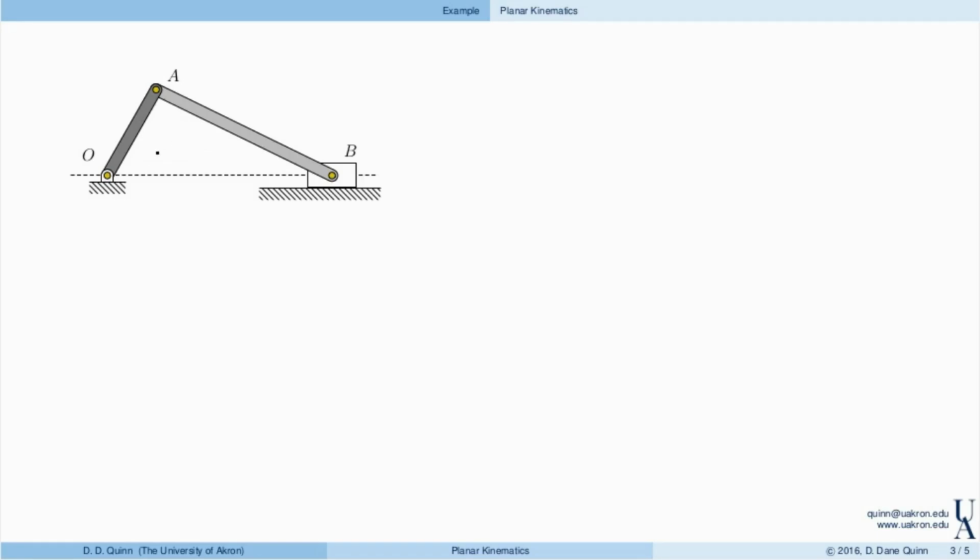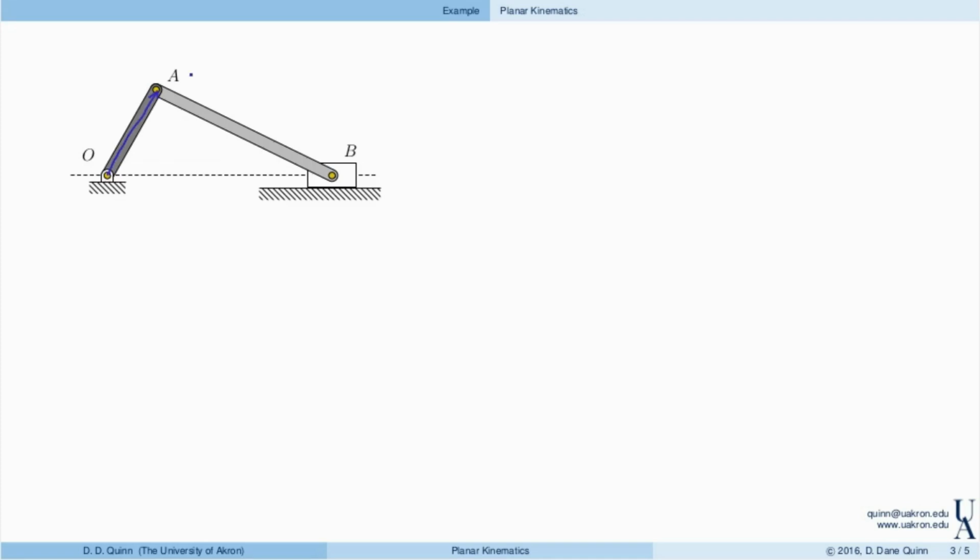So now if I want to look at the motion and the kinematics of this linkage, it's useful to note the constraints. Link OA has fixed length L2, link AB has fixed length L3, and then again B is constrained to move only in the I direction. So we can identify what we refer to as a loop closure equation.